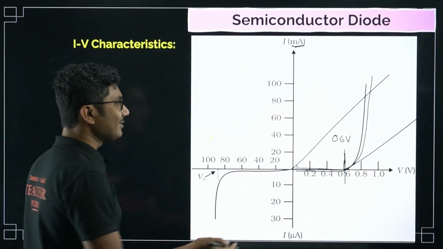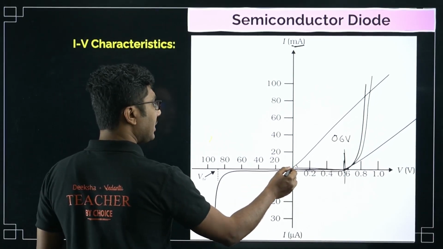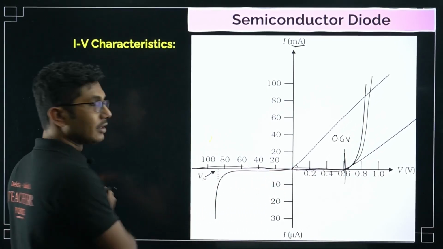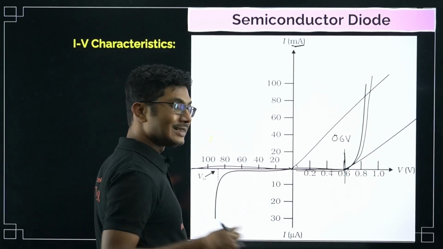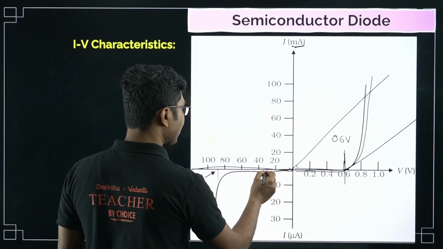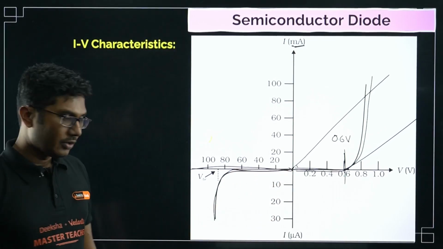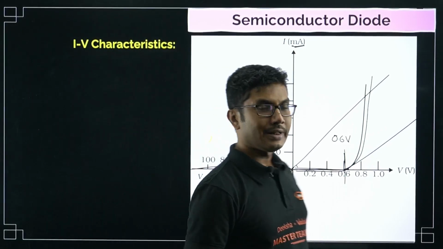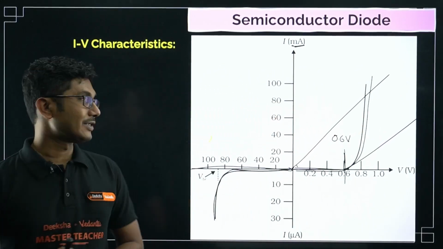Now in case of reverse bias, if it was an ideal diode, the graph would be flat like this, but it is not. You keep increasing the reverse voltage, and after a certain point it reaches something called breakdown. Breakdown means the current suddenly starts increasing even in the reverse direction.